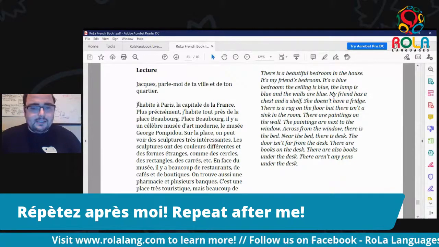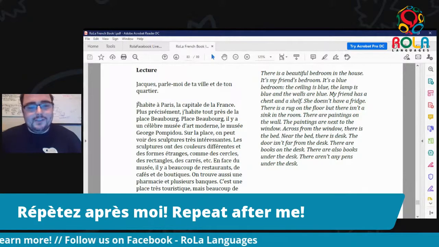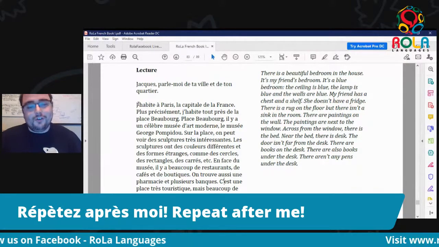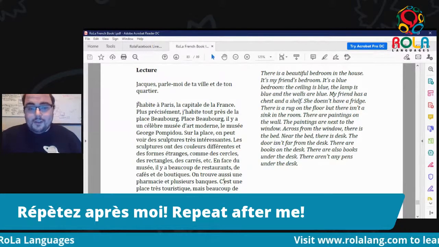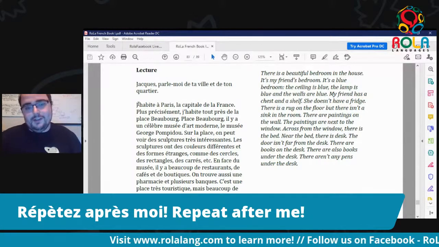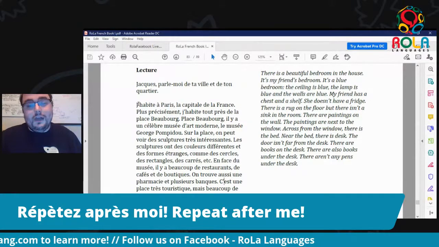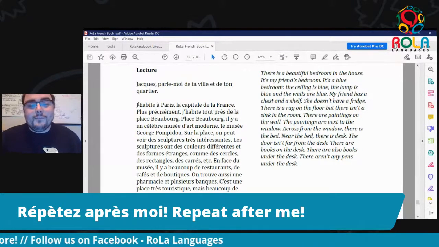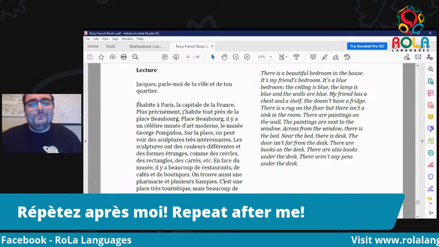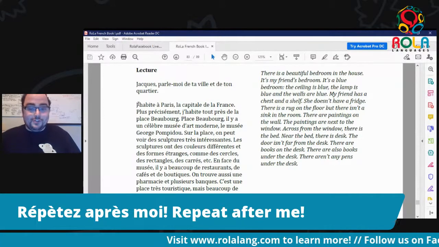Beaubourg Place, there is a famous modern art museum. The Georges Pompidou Museum, also. At the place, one can see very interesting sculptures.